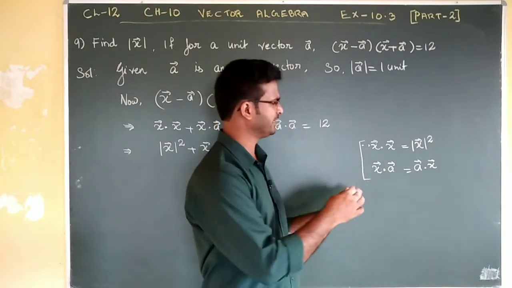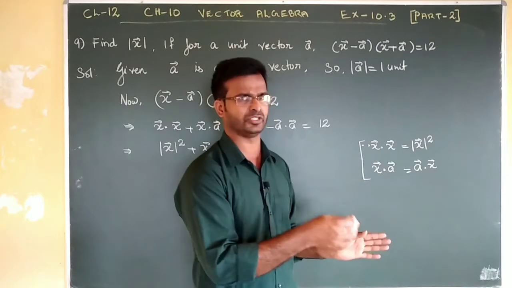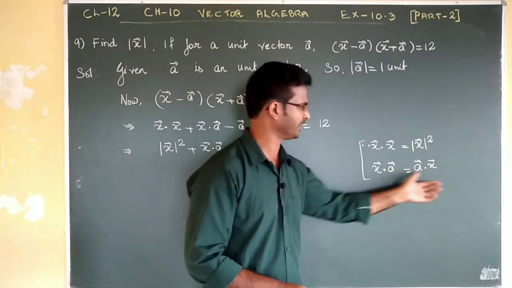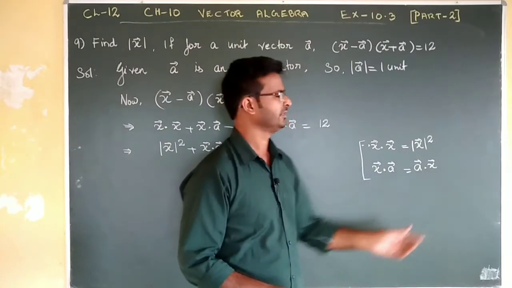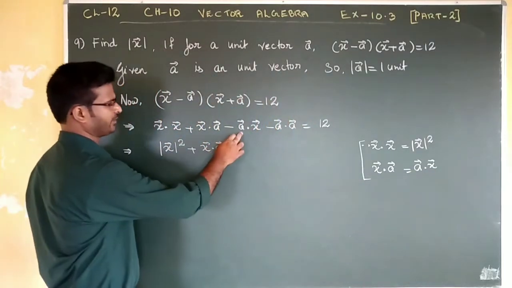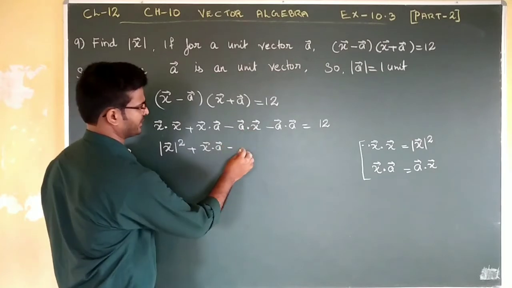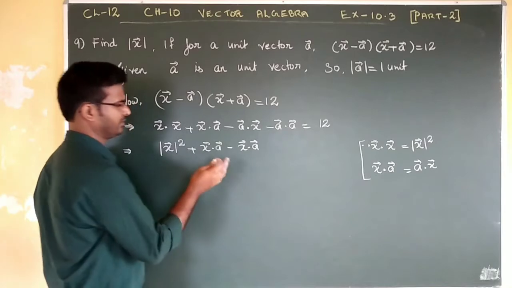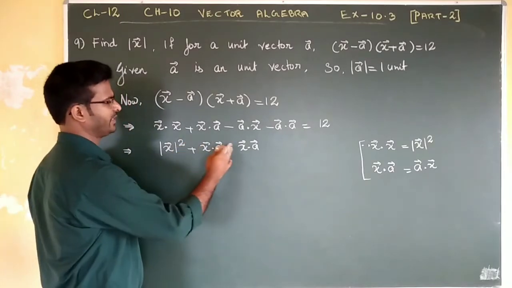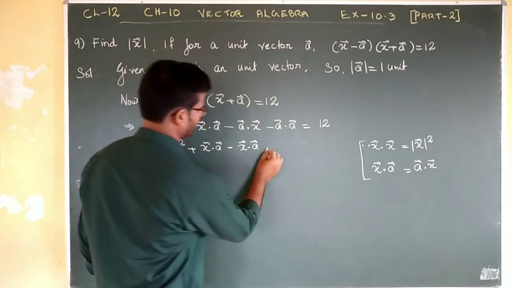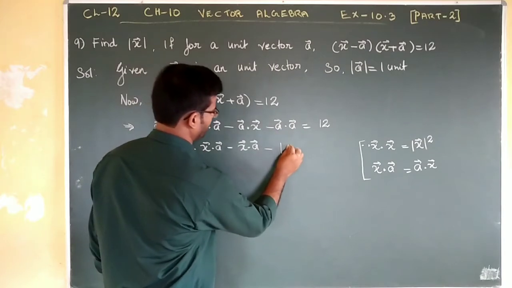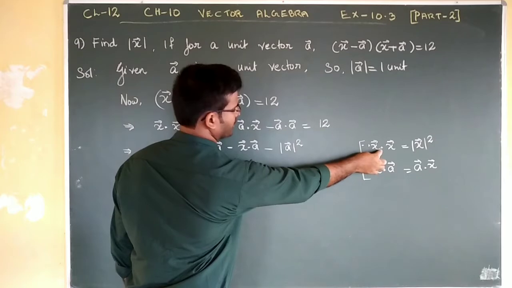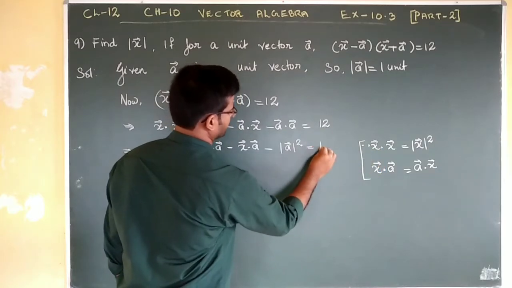If you change the position of two vectors when you take the scalar product, it is equal. This is known as the commutative law, and we can apply it here. This A vector dot x vector we can write as x vector dot A vector, just reversing the position of x vector and A vector. Minus this one, we can write magnitude of A vector square, using the first observation, equal to 12.